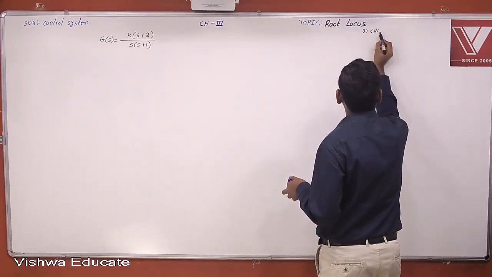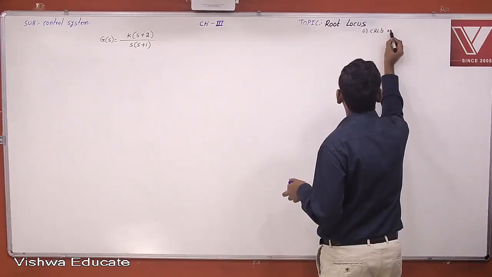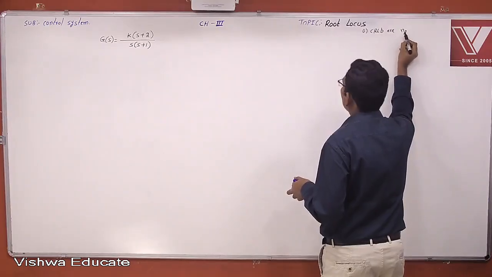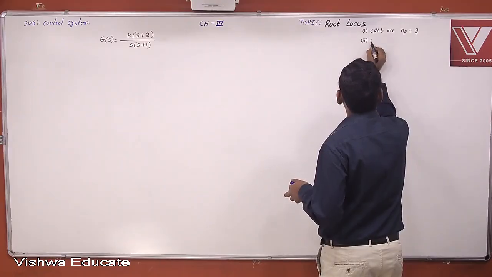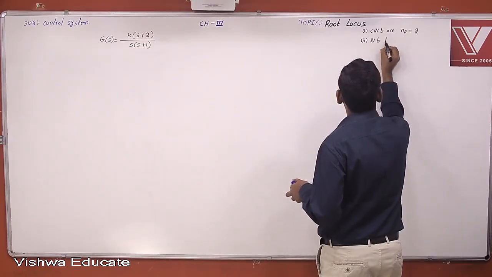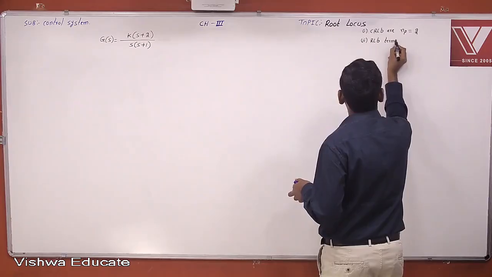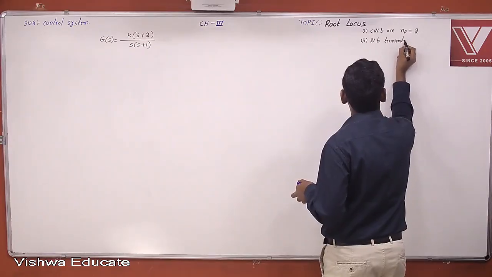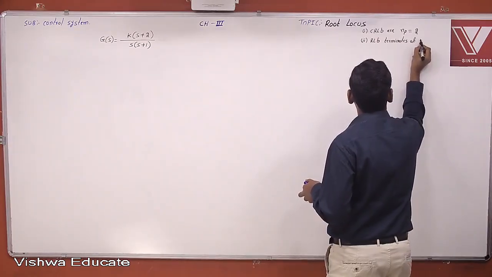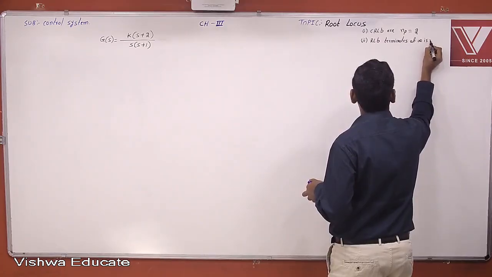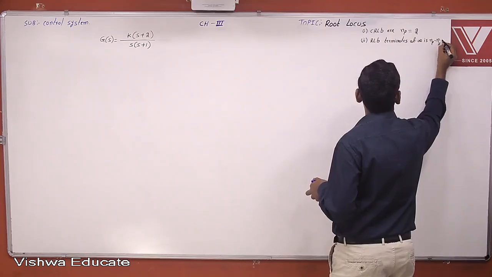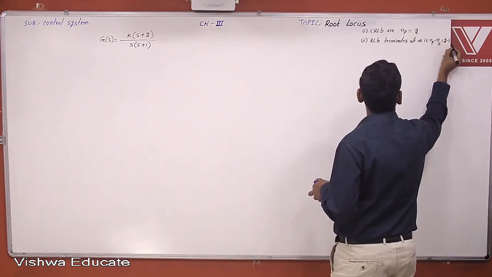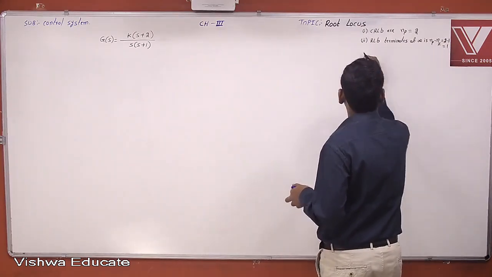Complete root locus branches are NP, which is equal to 2. Root locus branches terminating at infinity are NP minus NZ, which is equal to 2 minus 1, which is equal to 1.